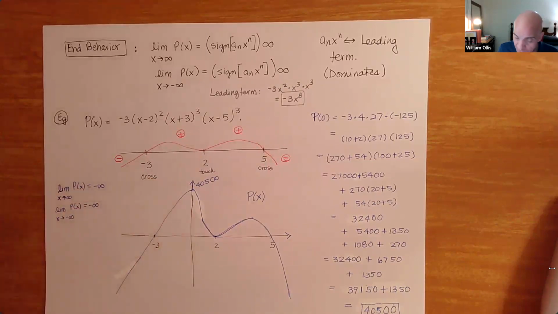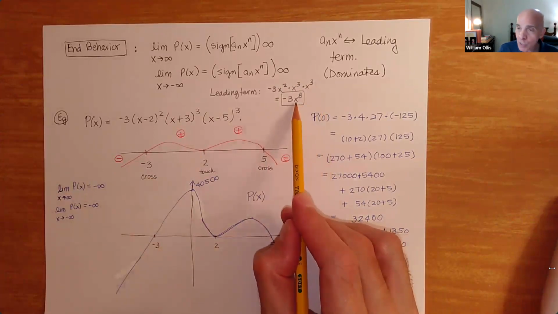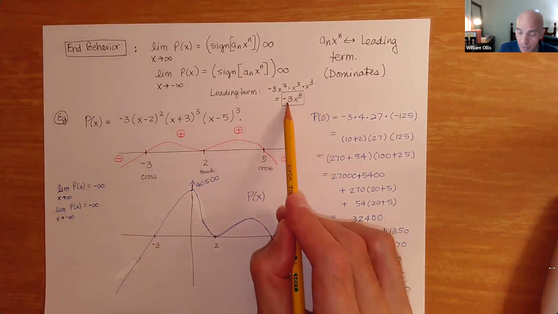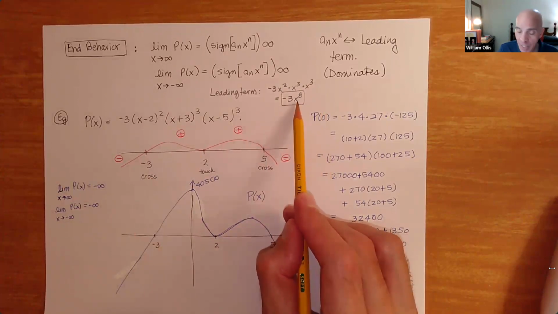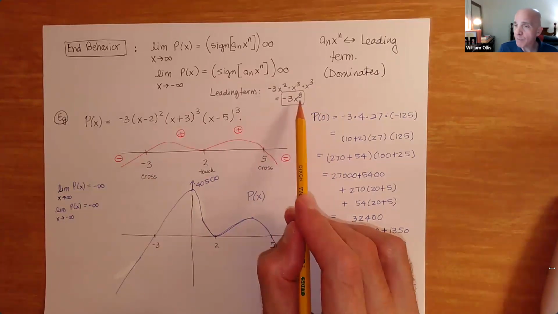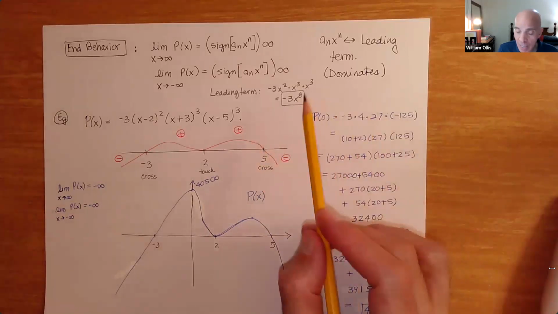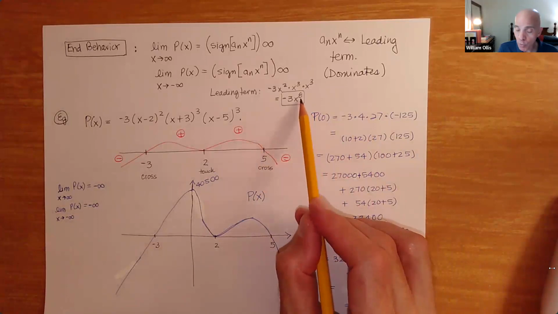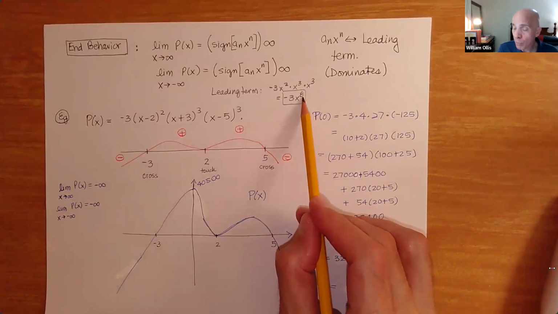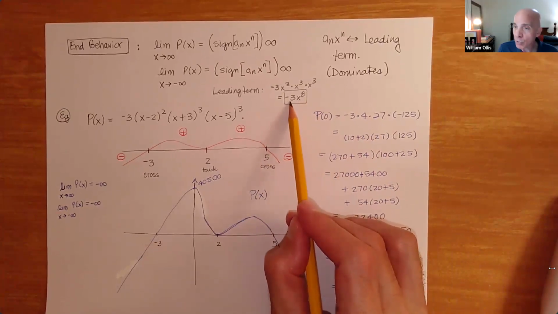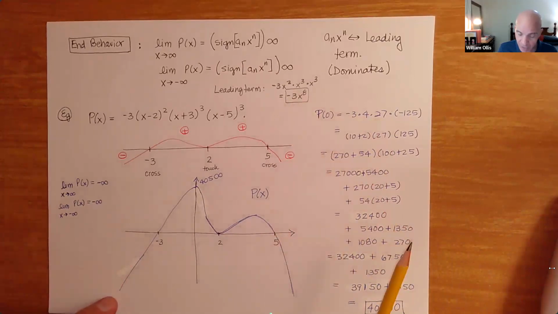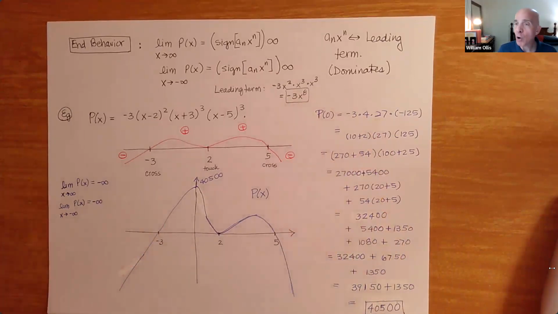But that makes perfect sense because notice here, if x is replaced with a large positive number, the sign is still negative. And of course, if x is replaced with a very small number like negative 5,000, the negative is absorbed due to the even power. And so the sign is still negative. So we would expect the graph to drop off on either side to negative infinity.